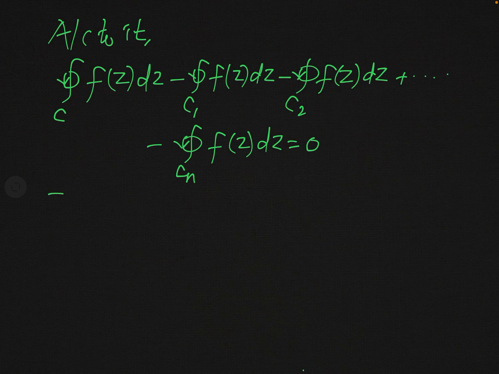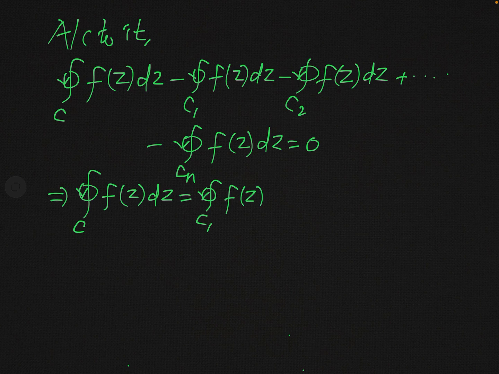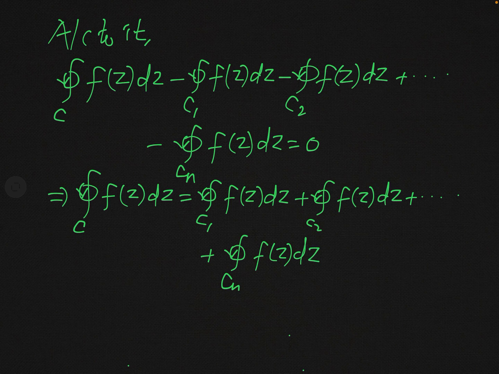So you can see from this result that the integral along C in anti-clockwise sense of f of z dz is equal to the integral in anti-clockwise sense along the circle C1 of f of z dz plus integral along C2 in anti-clockwise sense of f of z dz plus so on plus integral along Cn of f of z dz. So this is our result.